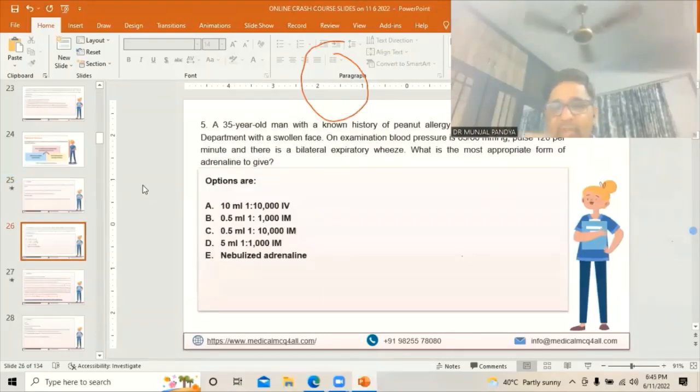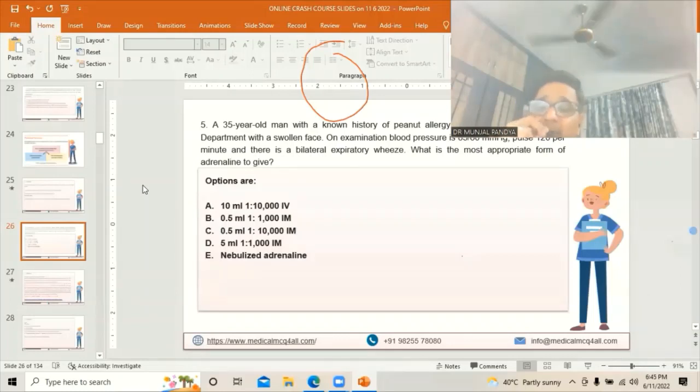Next question. A 35-year-old man with a known history of peanut allergy. Each and every word in an MCQ is extremely important. If you learn the art of reading the MCQ, believe me, nobody will beat you, because we are in such a hurry to give the answer that we cannot read the questions properly. That is the biggest fault.